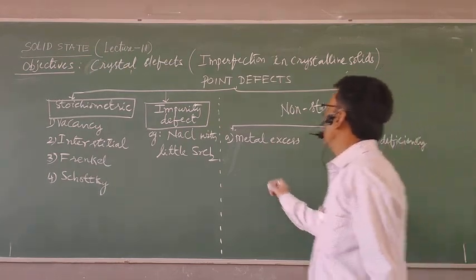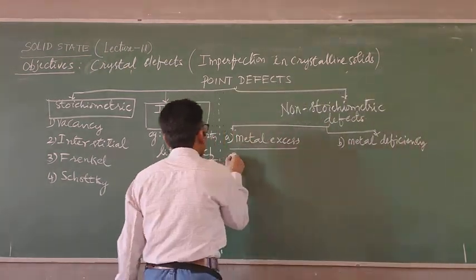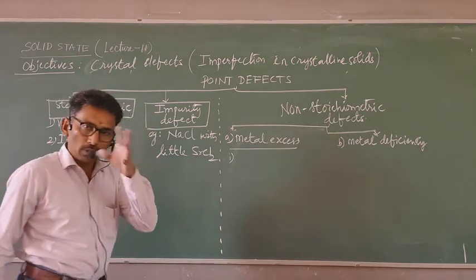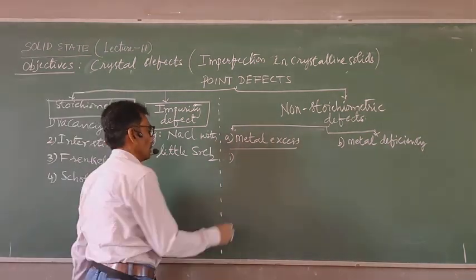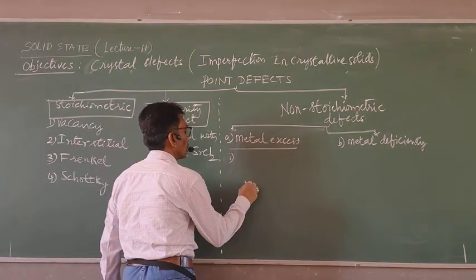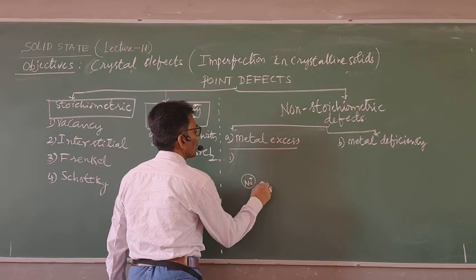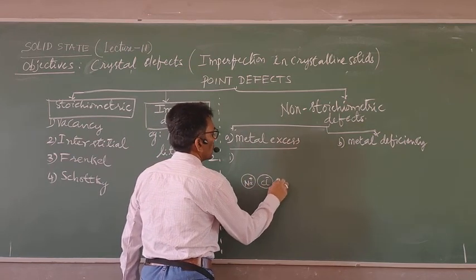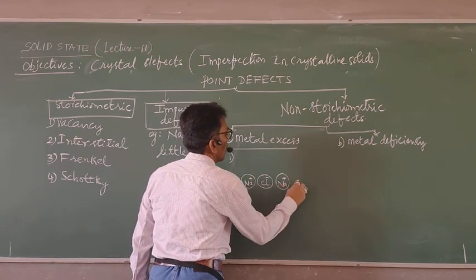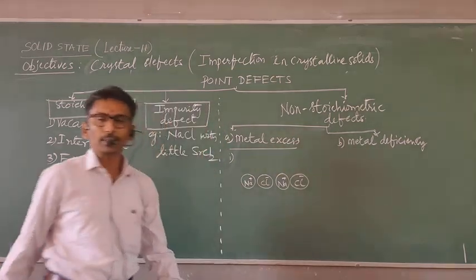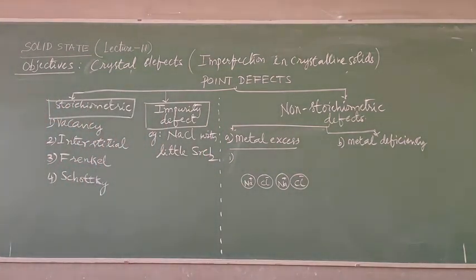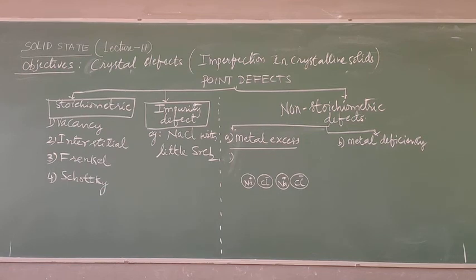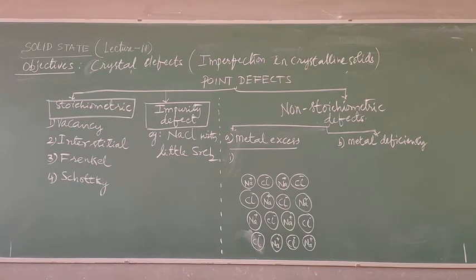In metal excess defect, observe the information first and then the title. Na plus, Cl minus, like this. This is the NaCl crystal previously observed.